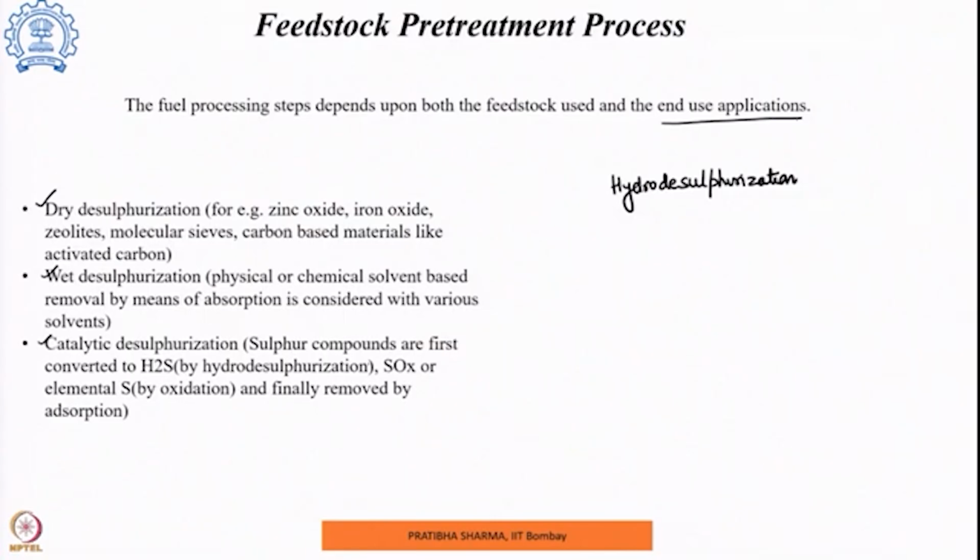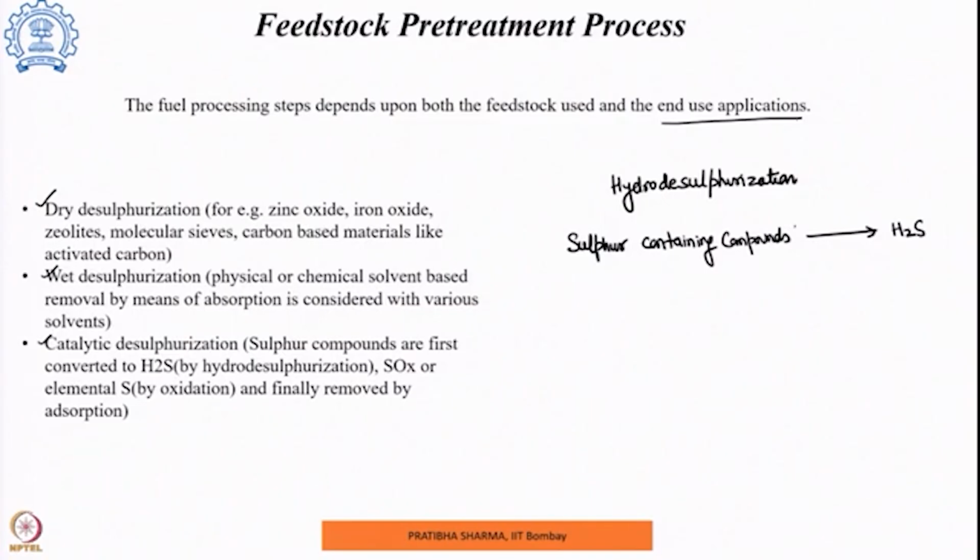First of all, the sulfur compounds are converted into H2S, and thereby it is finally removed by means of adsorption. So here hydrodesulfurization is done such that all the sulfur containing compounds are converted into H2S.